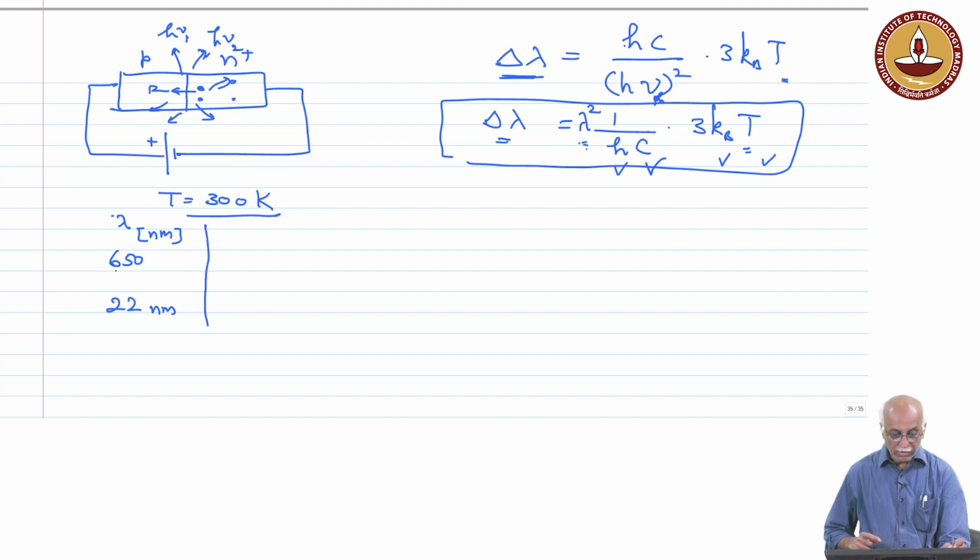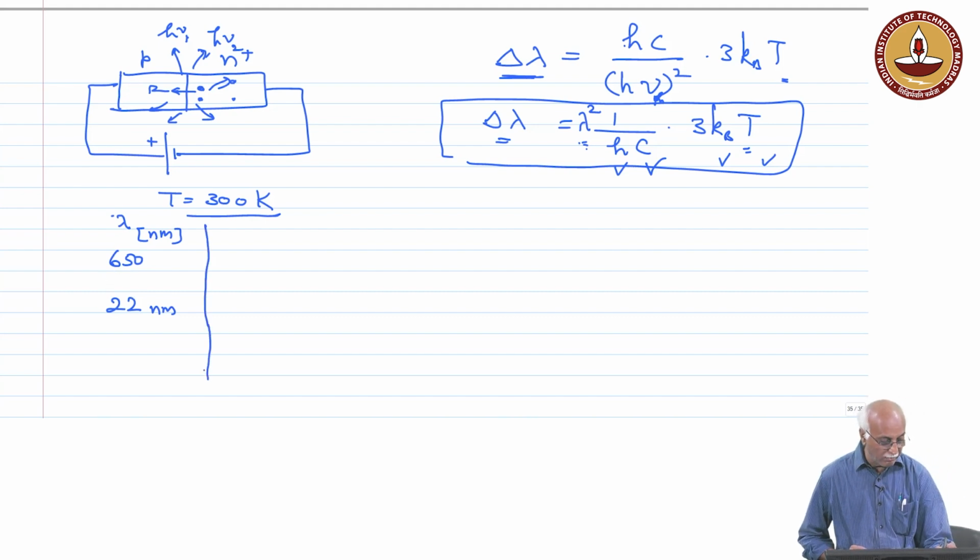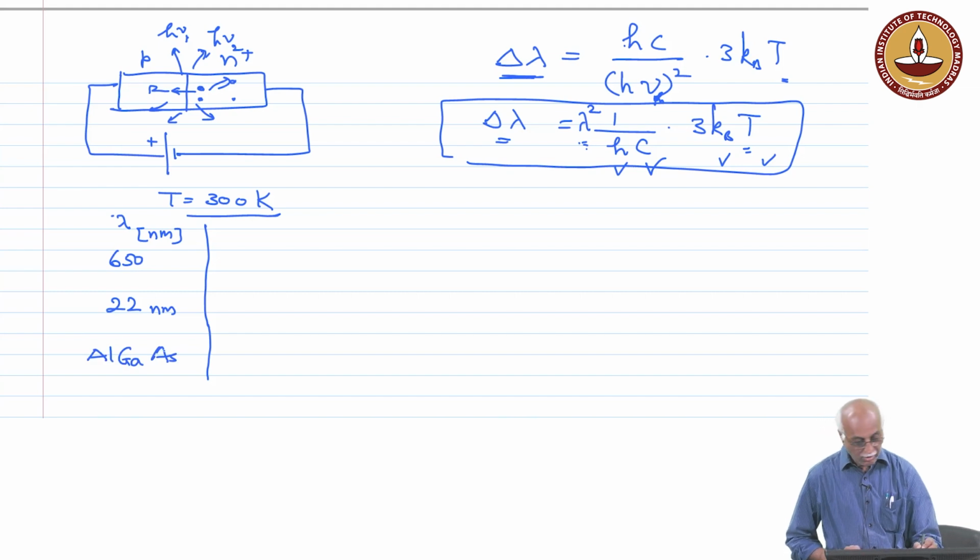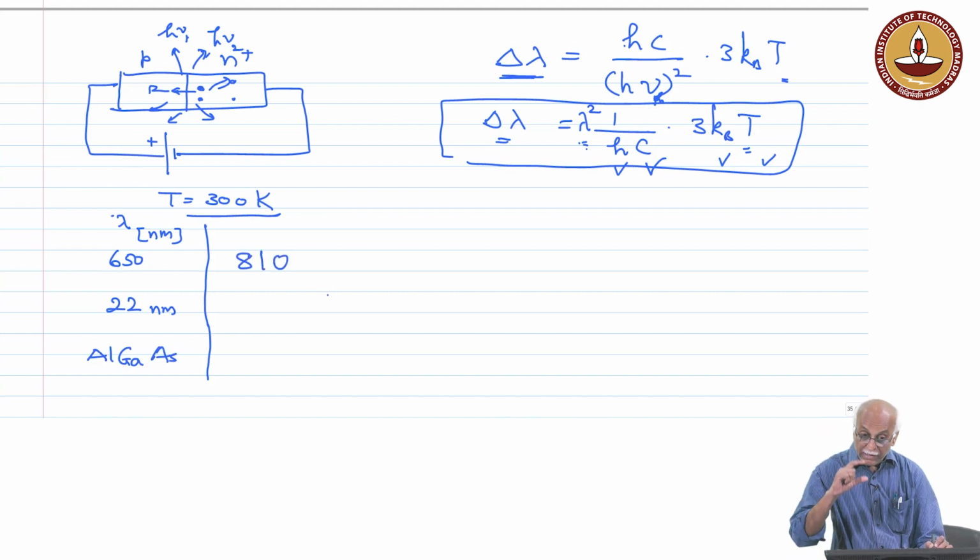Now, the material which generates 650 nanometer is aluminum gallium arsenide, a semiconductor material, and it can also generate 810 nanometer depending upon the dopant characteristics. The dopant percentage of arsenide, etc., may be slightly different.